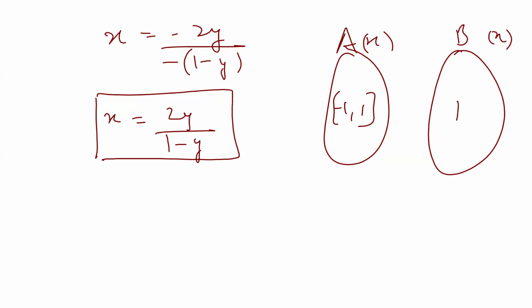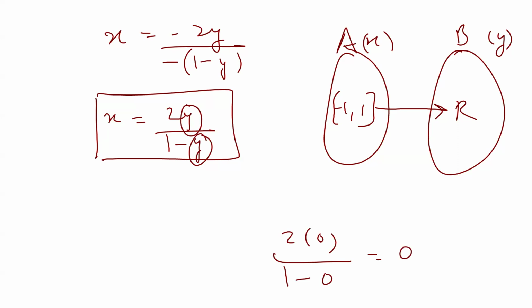And y values are all real values. So this is the mapping. I just wrote wrongly over here. It should be y. Sorry. f of x. So for any real value of y, you can put any real value of y. The answer will be between minus 1 and 1. Let's take y as 0. So 2 into 0, 1 minus 0. So this will be 0, right? So it is lying over here.